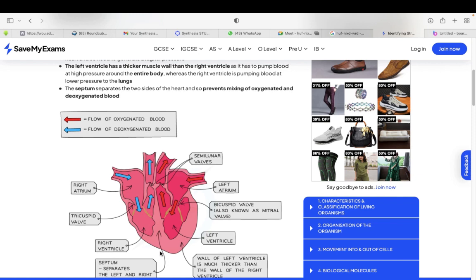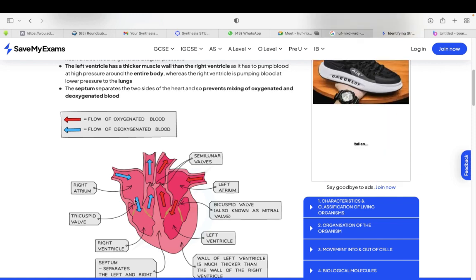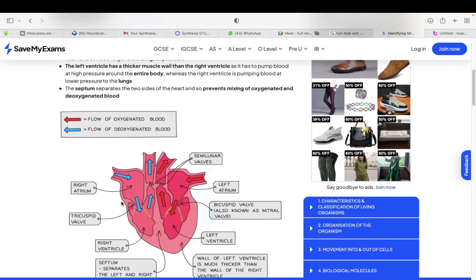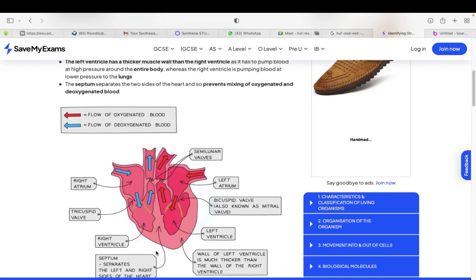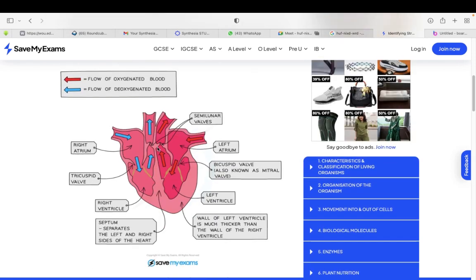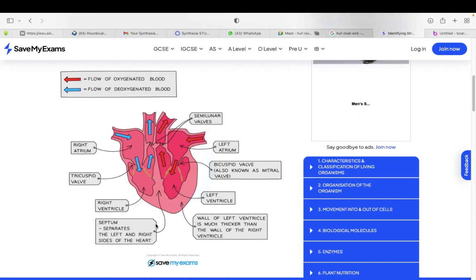It separates the left side of the heart from the right side. This is the left side of the heart, and this is the right side. So the septum separates the left side of the heart from the right side of the heart.